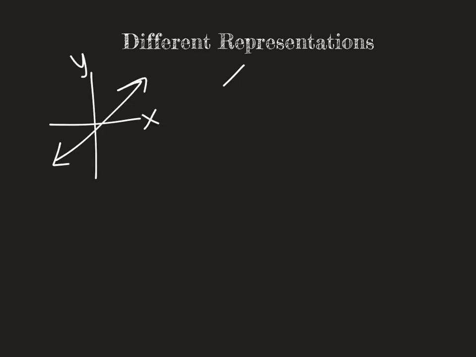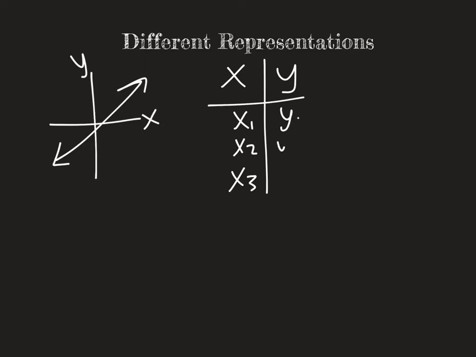You can see a function in form of a table, y1, y2, y3. You can also see this in form of a function. Say we have an equation that says something like y equals 3x minus 2. Right? So there's multiple representations of this.